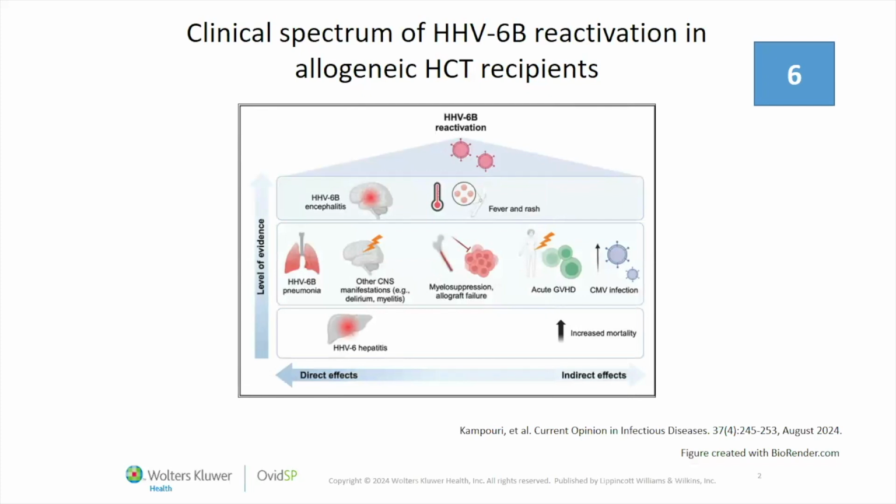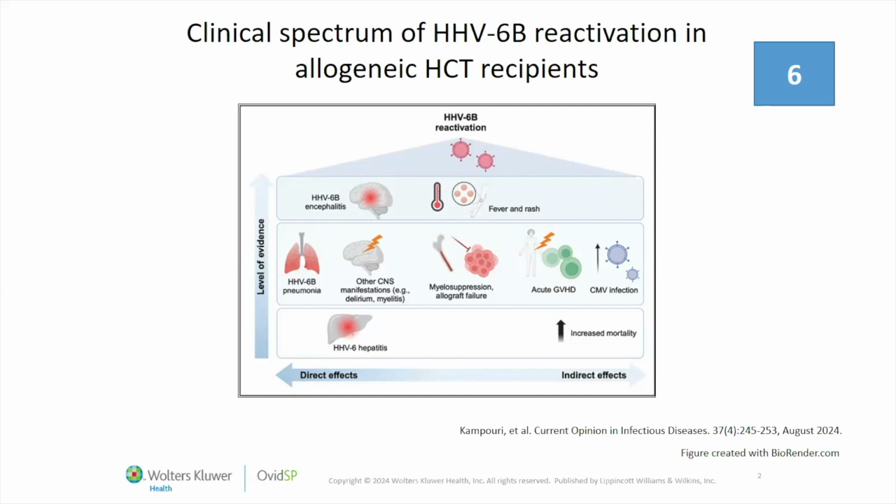Before I move to the next virus, which is HHV8, I would like to take the opportunity to highlight a few issues with HHV6. First, HHV6B, as you can see I've written 6B in the title, is the virus responsible for most reactivations and is indeed the most frequent cause of infectious encephalitis post-transplant.